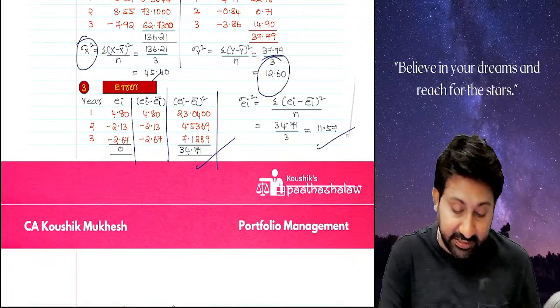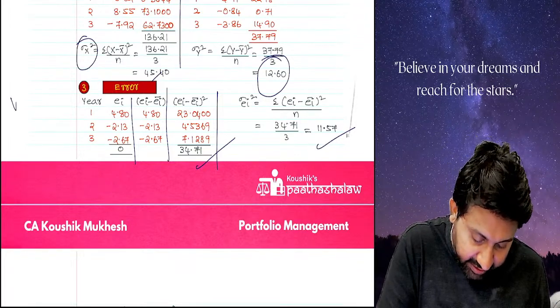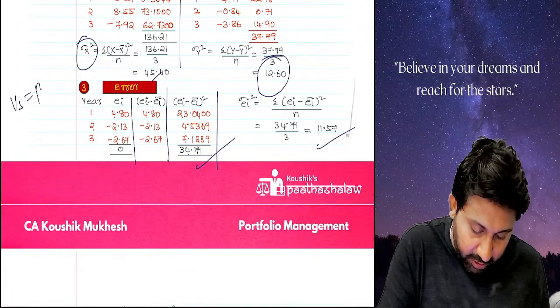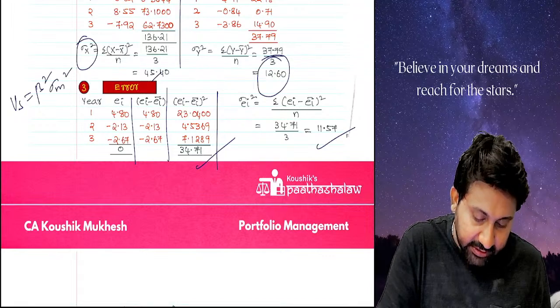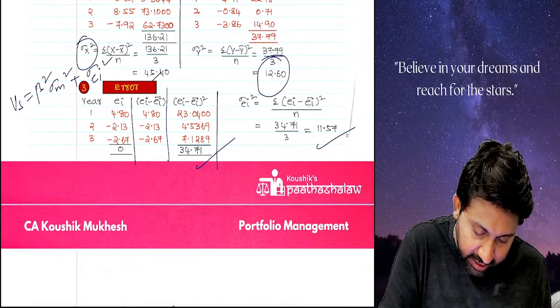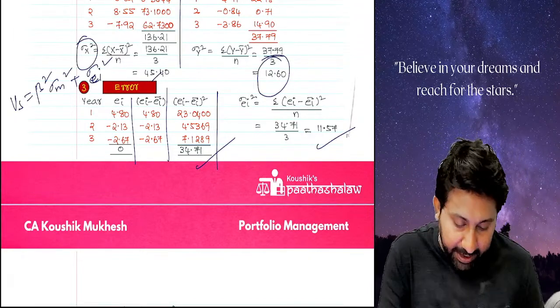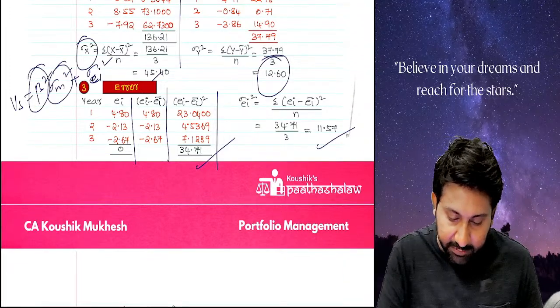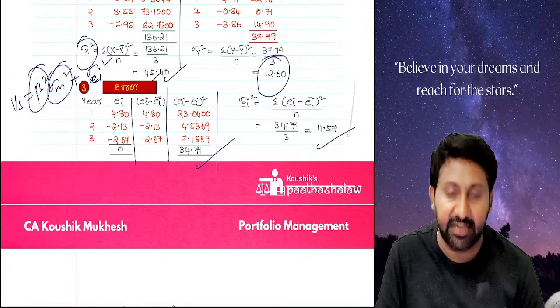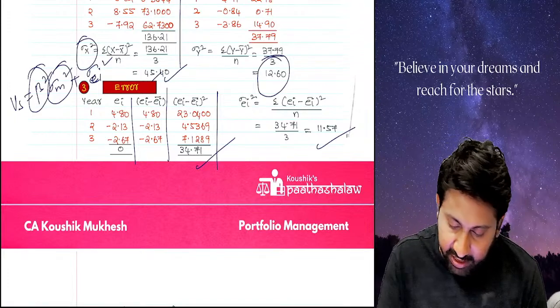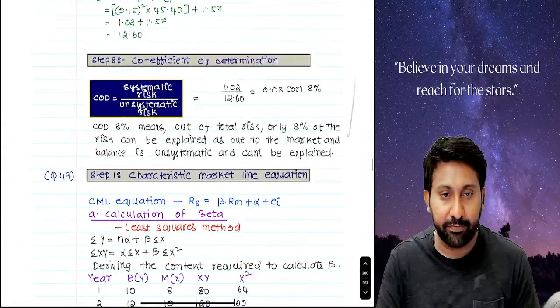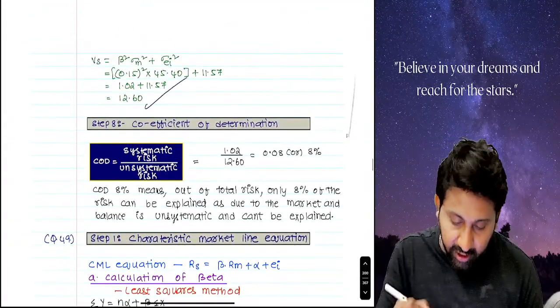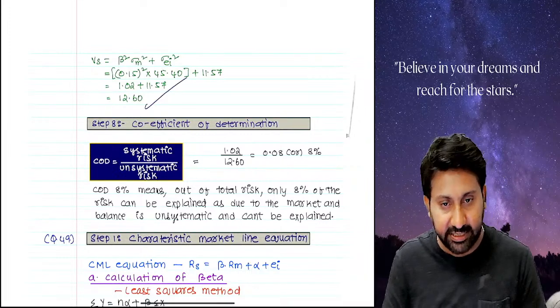What is 11.57? We said that variance of security equals beta square sigma m square plus sigma ei square. Beta square, we already calculated beta, some number will come. Sigma m square is already 45.5. Sigma ei square, you calculated. So the total variance of the security is 12.6.